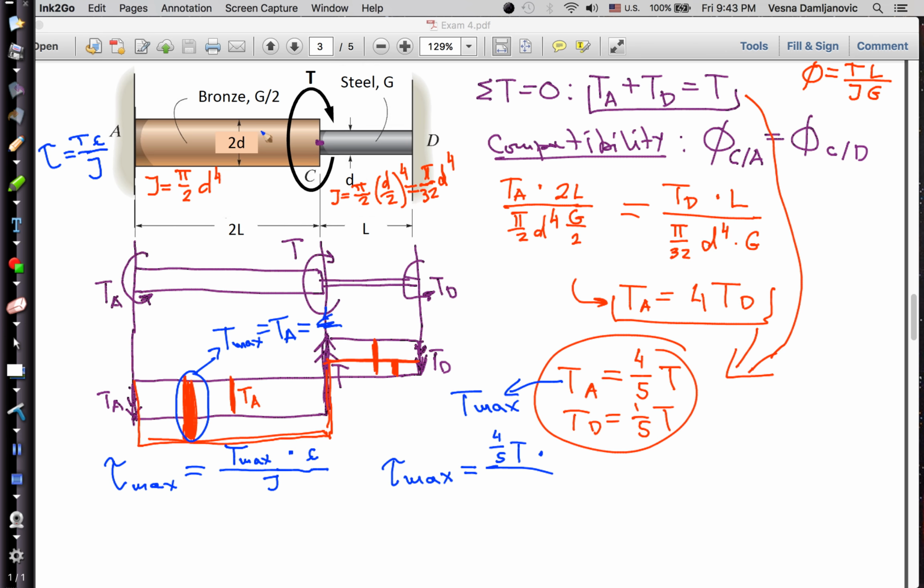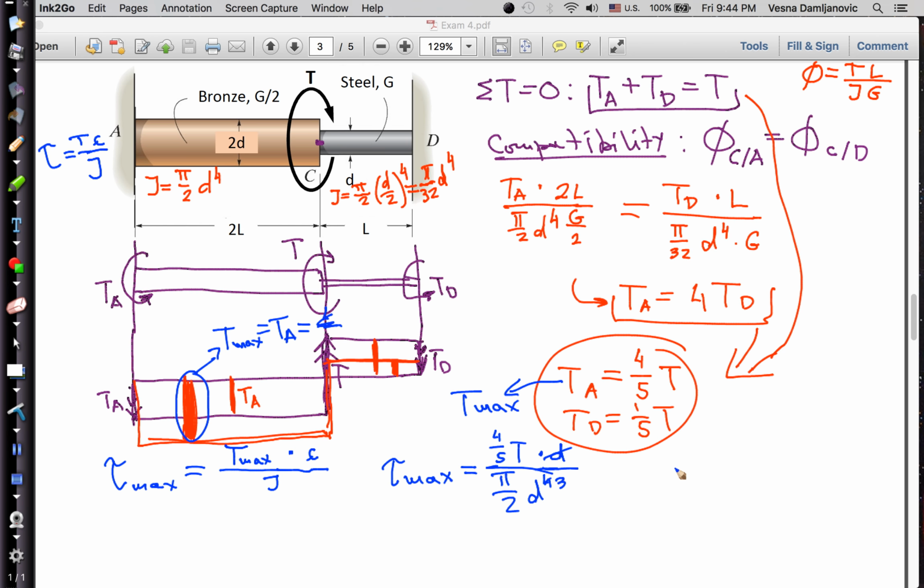Times the C. What's the C? From the middle to the furthermost point, which is D over 2, right? It's half of D. So that's D over 2J. It's the J for this cross section, which is right there, pi over 2 D to the 4th. And then D to the 4th and D cancel.